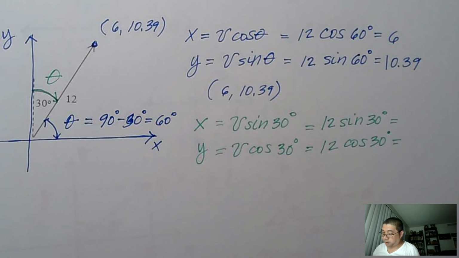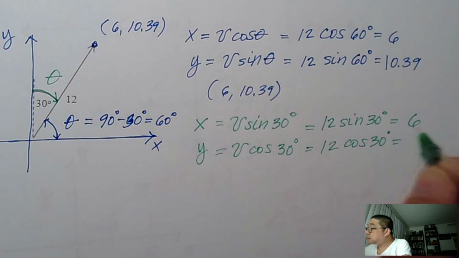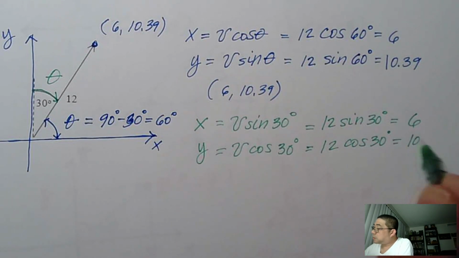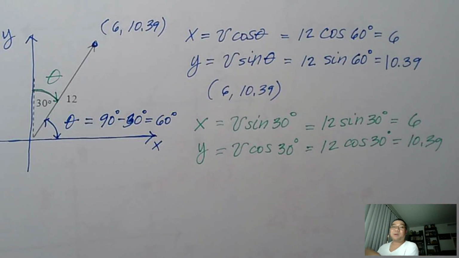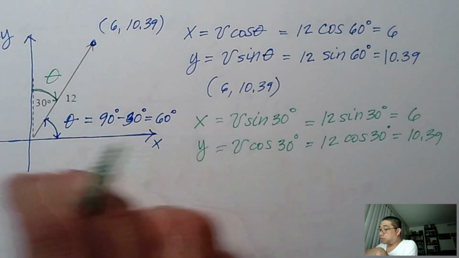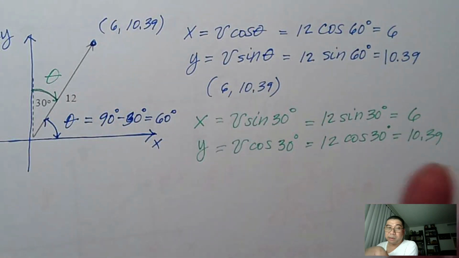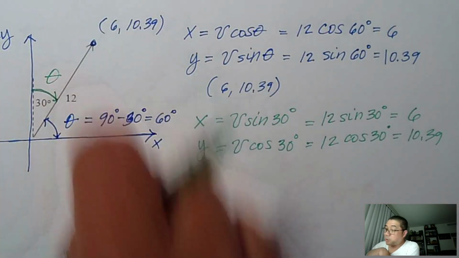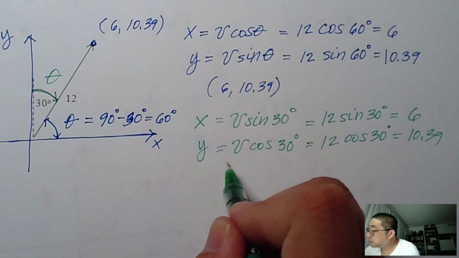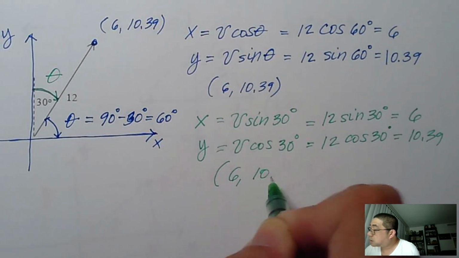Sine of 30 times 12 is also 6, and then cosine of 30 times 12 is 10.39. So it's giving you the same answer. This is a shortcut instead of trying to figure out the complementary angle, meaning 90 minus whatever the measurement of the angle is from your y-axis. And then you can solve for the coordinates, which are simply 6 and 10.39.